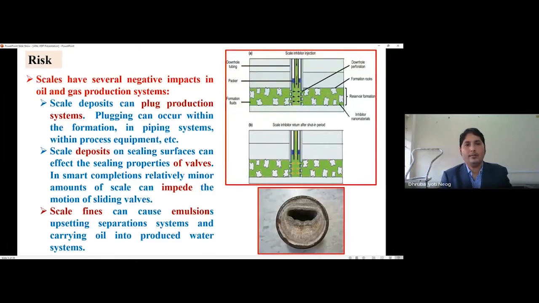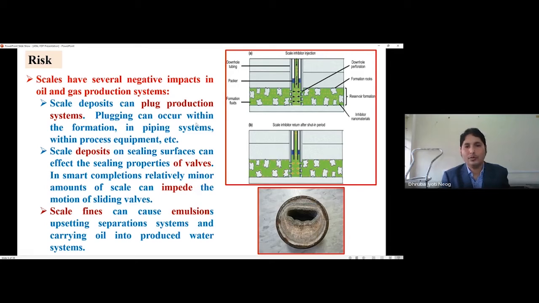Scaling has several negative impacts on oil and gas production systems. As you can understand, scale deposits are going to plug our production system. They may create deposition inside the formation, thereby hindering the flow of crude oil and well fluid into the well.